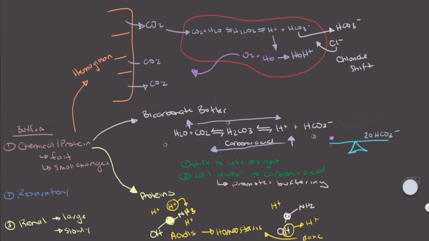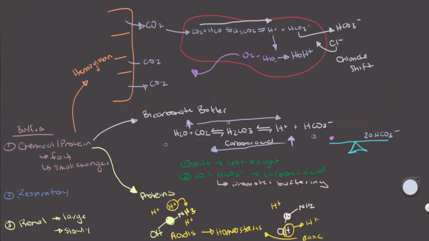This is where, when hemoglobin comes to the tissues, it's offloaded its oxygen. What we can do with the CO2 that's being produced by cellular metabolism is run it through this bicarbonate buffer system. I start to see a buildup of CO2, so I start shifting this system over to the right, which is going to produce hydrogen ions and HCO3. I take that hydrogen ion, bind it to my hemoglobin, and pull it out of solution so that I'm not becoming too acidic.